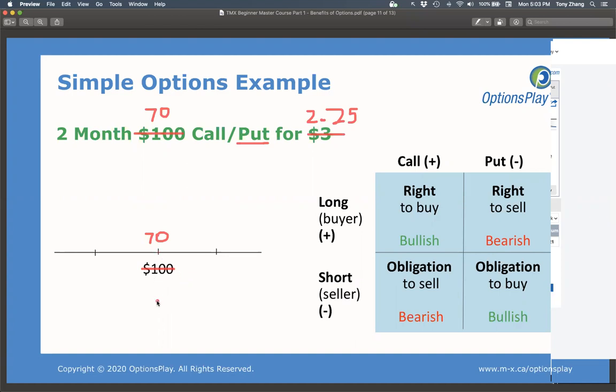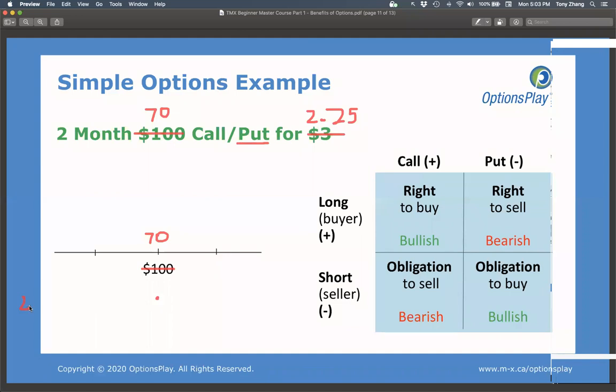So if the stock stays at $70, guess what? I lose $2.25. So this is not a great transaction for me if I buy a put option and the stock does not move at all. And this is true for any stock above $70, because why would I sell to someone a stock at $70 when I can sell at the open market for, let's say, $75?